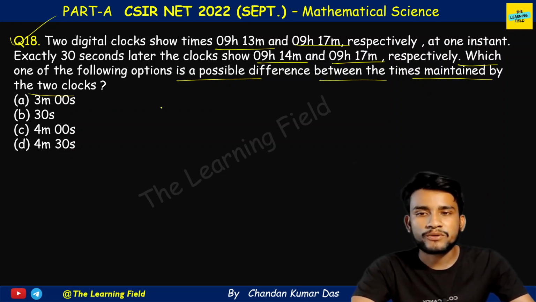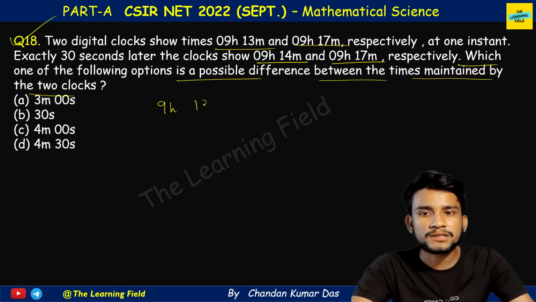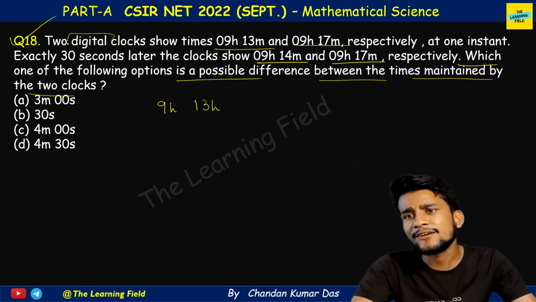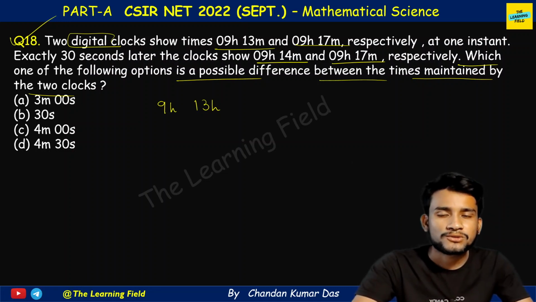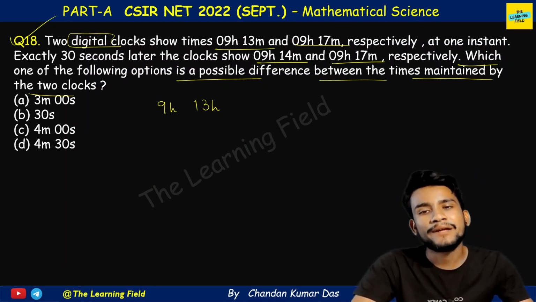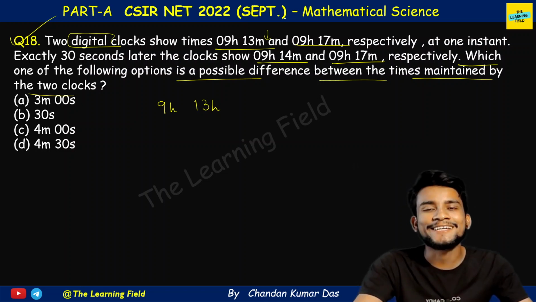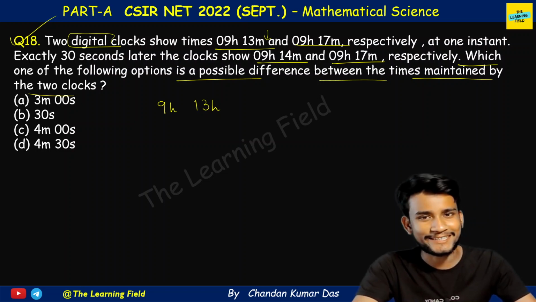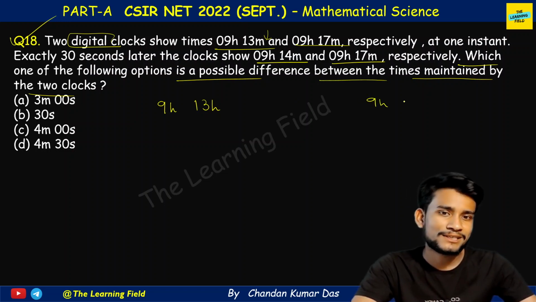So how can we solve this question? The first clock shows 9 hours 13 minutes. Suppose firstly this is a digital clock, and we all know that digital clocks show you the hours, the minutes and the seconds, but here the seconds are missing. So how can this be on a digital clock? That is the first mistake. Then it says that the second clock shows the time 9 hours 17 minutes.